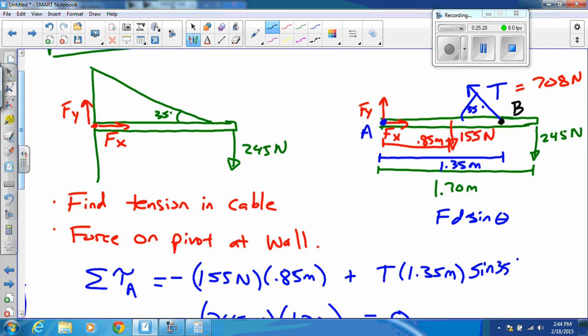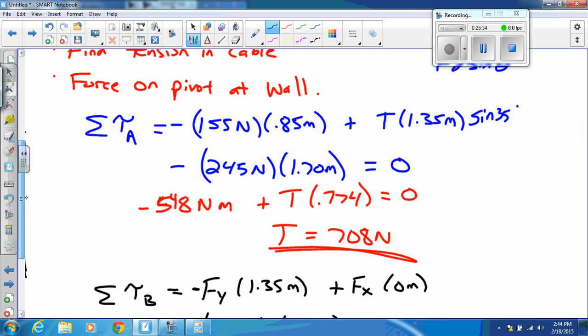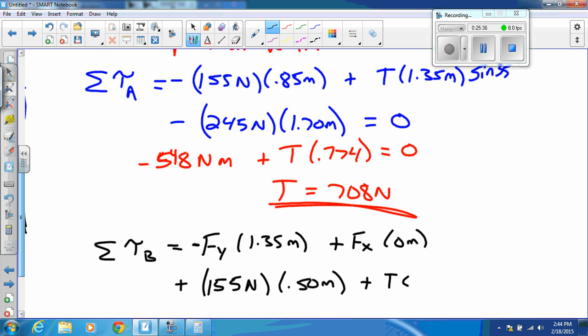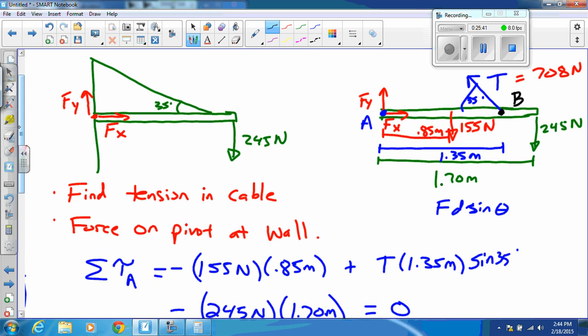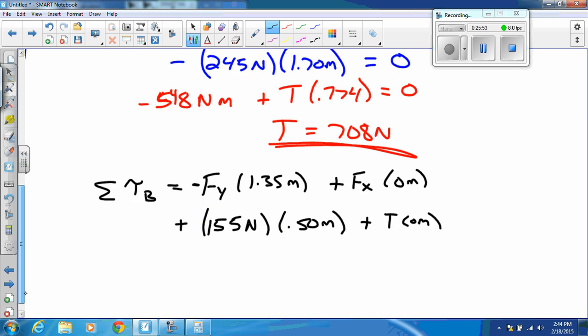And then we get to the tension. The tension is being applied directly at point B, so it is at a distance of 0. It drops out of my equation. And then finally we get to the 245 newtons on the left end, and that is at what distance from point B? 0.35.